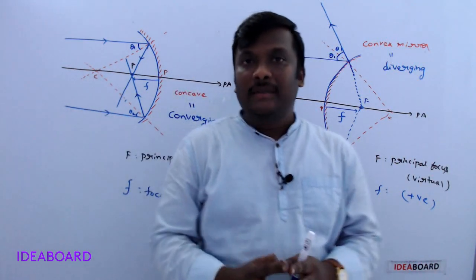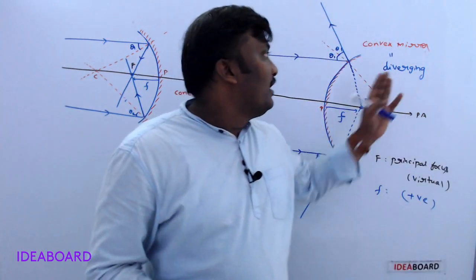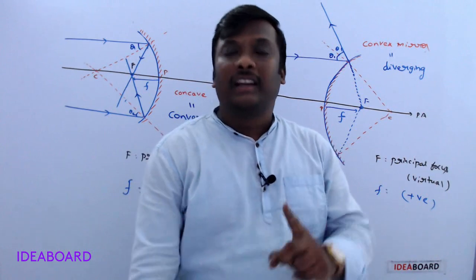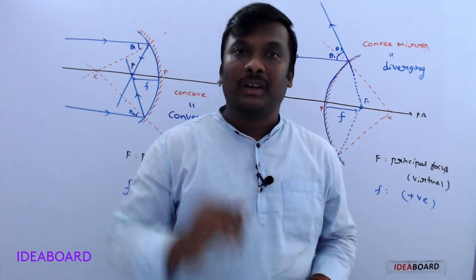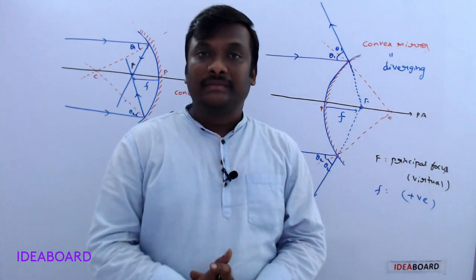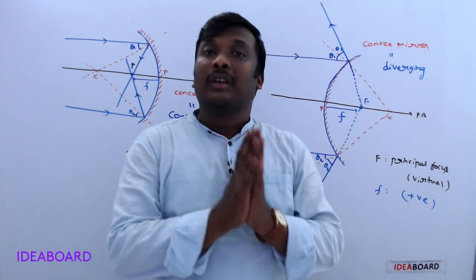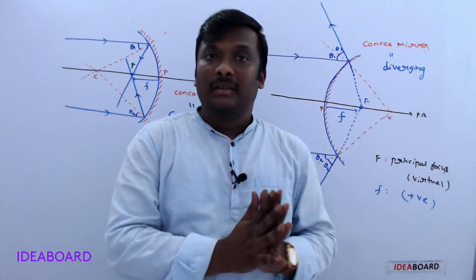Spherical mirrors are of two types. One is the concave mirror, another is the convex mirror. The concave mirror is called a converging mirror. The convex mirror is called a diverging mirror. Do you understand now? In the previous section we discussed the plane mirror.